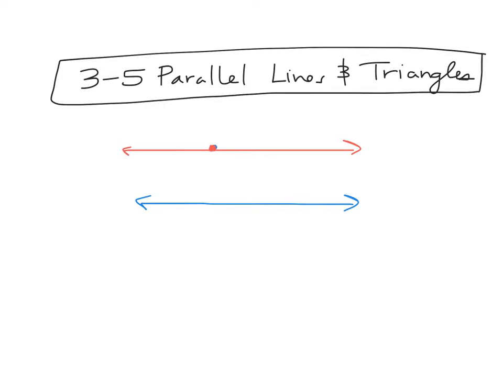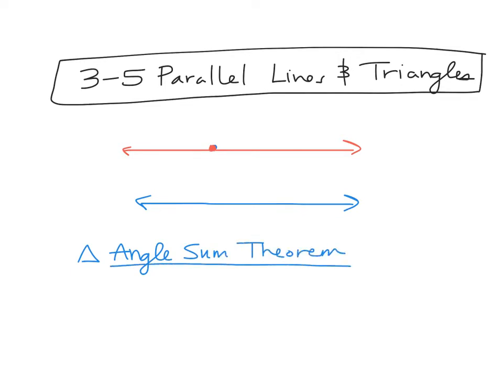The next one we're going to talk about is called the triangle angle sum theorem. And this one you can probably tell me what it says. Think about the name of it. Triangle, angle, sum. Thoughts? Yeah. All the angles of a triangle have to add up to something.